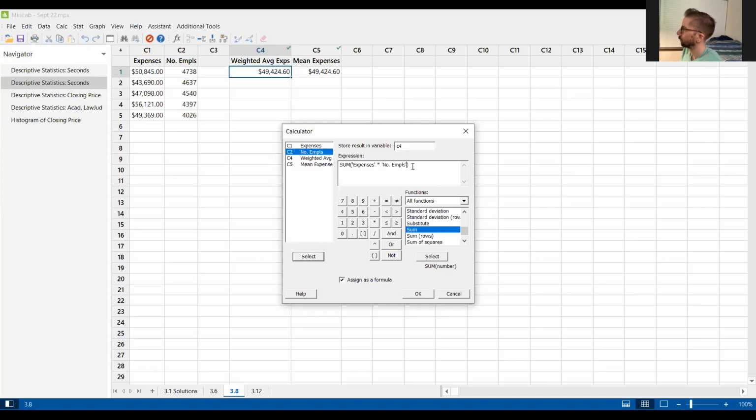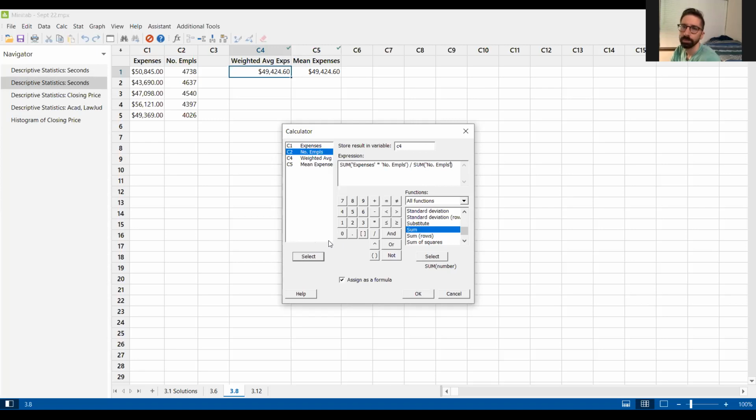So that's my numerator, the sum of those products. And then I'm going to divide that by the sum of the weights, the sum of the number of employees, which is C2. So I'm going to say sum again. And in here, I'm simply going to choose C2. And this is the weighted average formula.